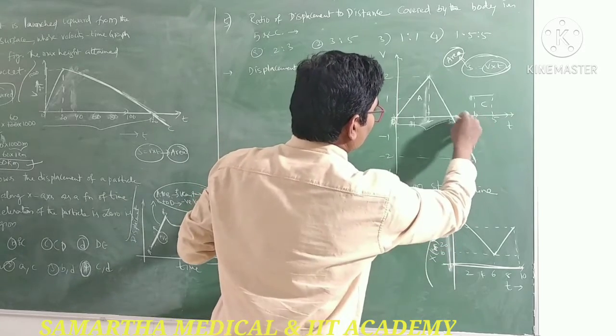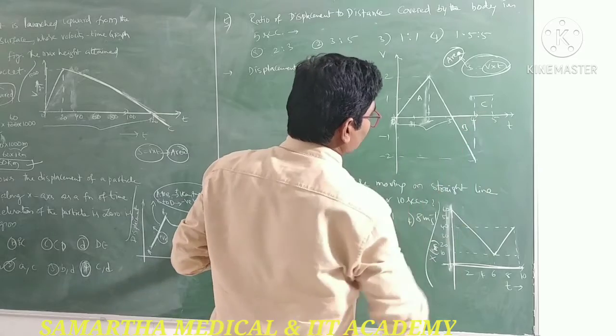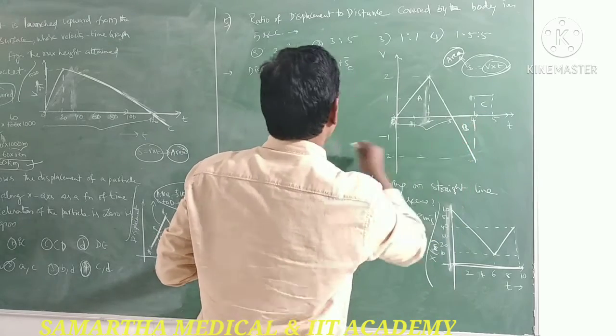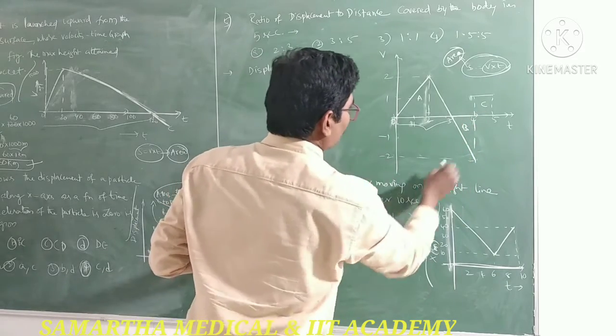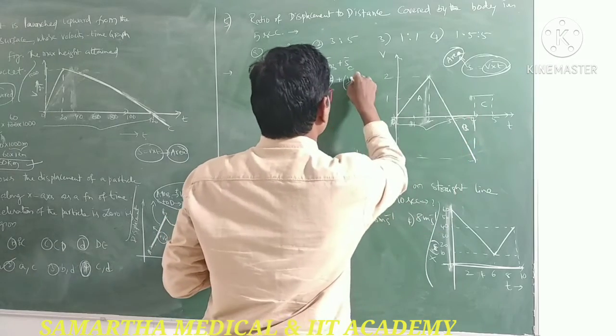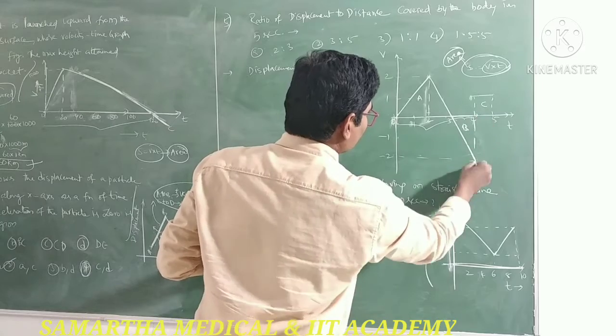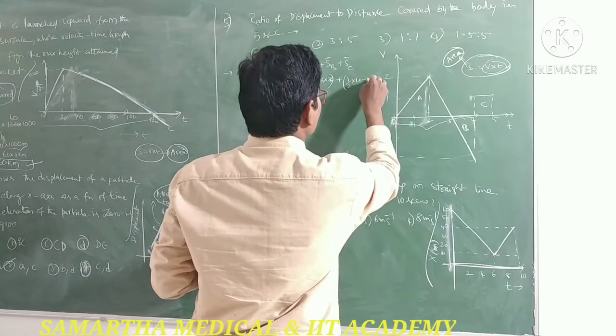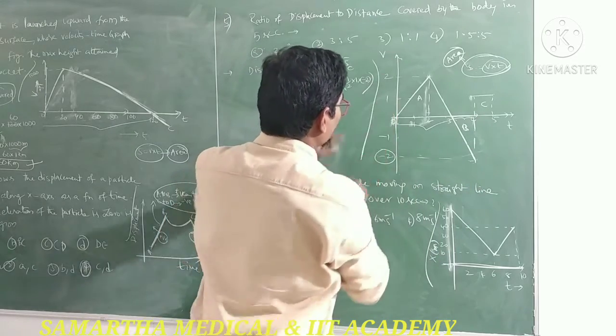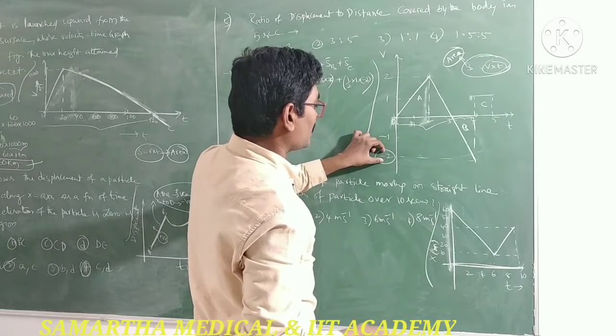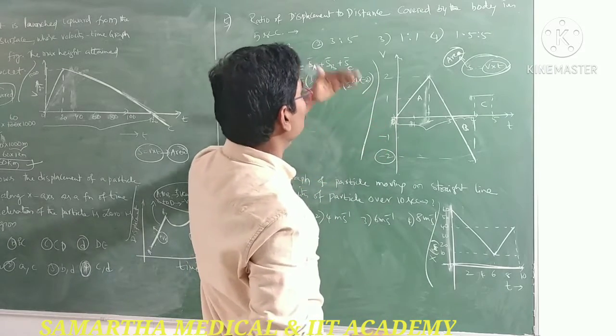This is under the negative VT graph. So the area covered is equal to half. What is the base from 3 to 4? 1 second only, once again into height. What is this from here to here? It is -2, so you are taking -2. Observe it carefully here, -2 you are taking. Instead of taking -2, if you take +2, you get the distance.